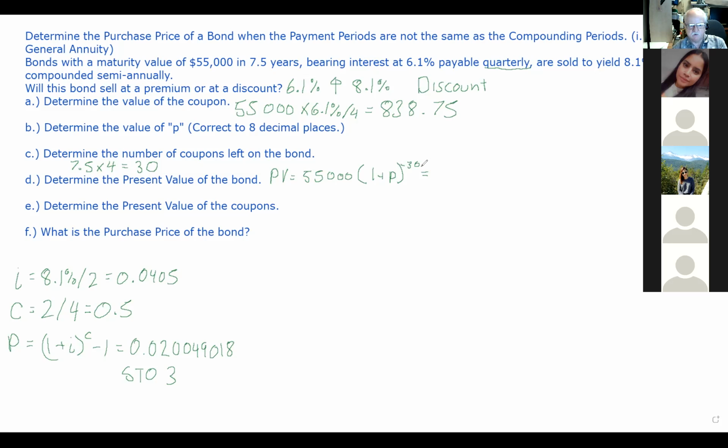So I have to do that again. Recall 1 plus 1, y to the x, 0.5 minus 1. I said store that in register 3, but I didn't store it. Now I've done it. Plus 1, y to the x 30, change sign, times 55,000.